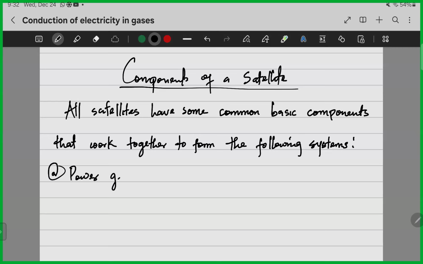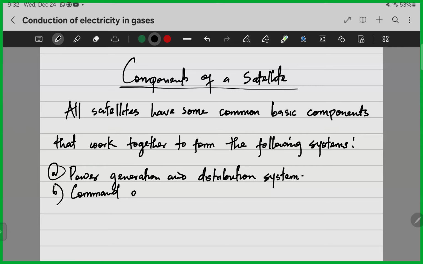Power generation and distribution system. Command and data handling system. Payload.